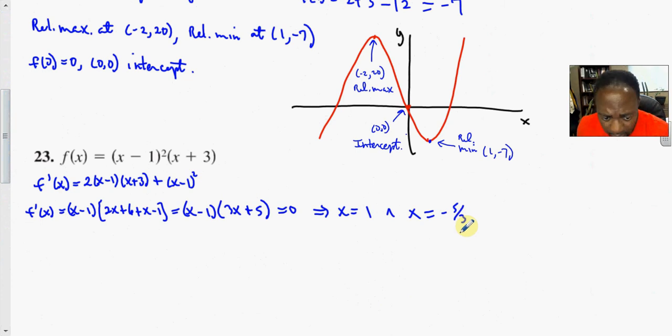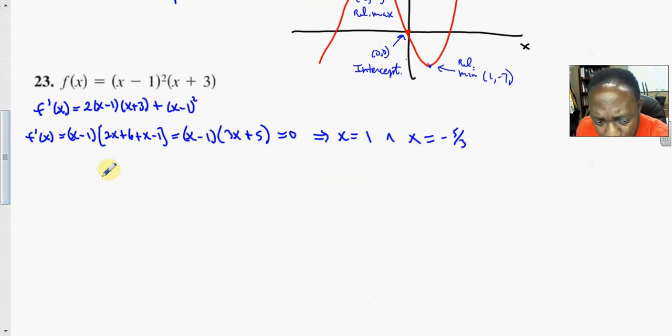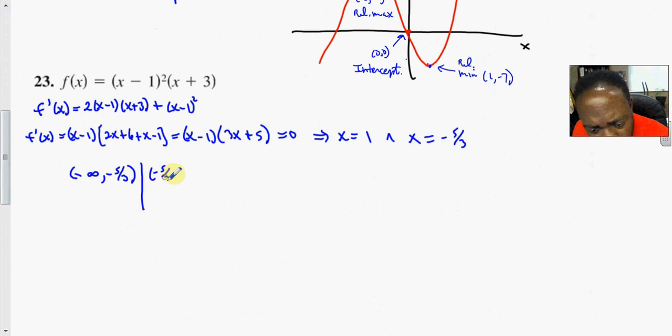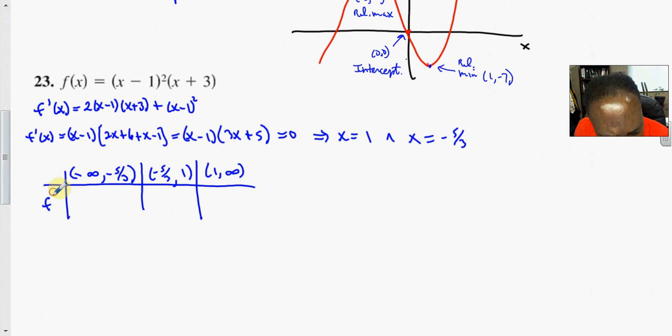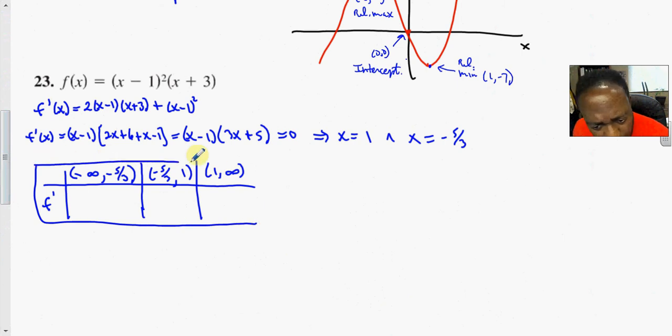So now we partition the number line based on this information. So we go from negative infinity to negative 5/3, and then negative 5/3 to 1, and then from 1 to positive infinity. And we investigate the signs here of the first derivative.